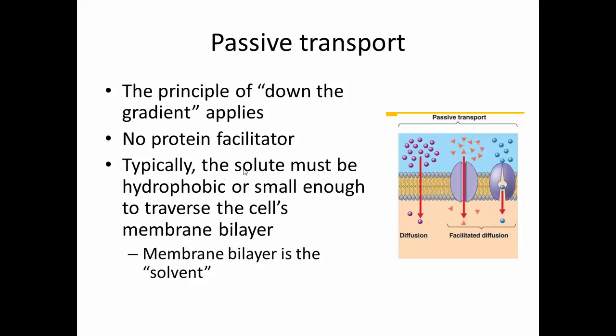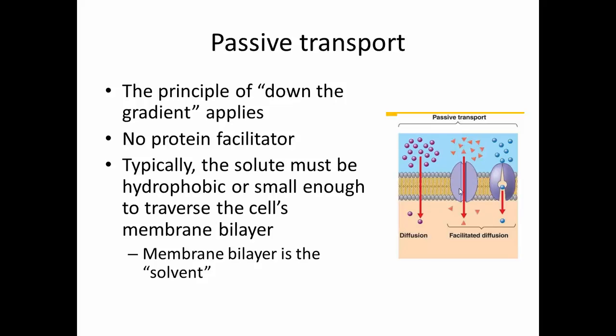Although typically the solute must be either hydrophobic enough or small enough to be able to traverse the cell's membrane bilayers. So they either have to be like fatty acids to be hydrophobic enough, or they have to be small molecules like oxygen, like carbon dioxide, and things like that, to just be able to traverse the membrane without any kind of help from a protein that would potentially do facilitated diffusion.